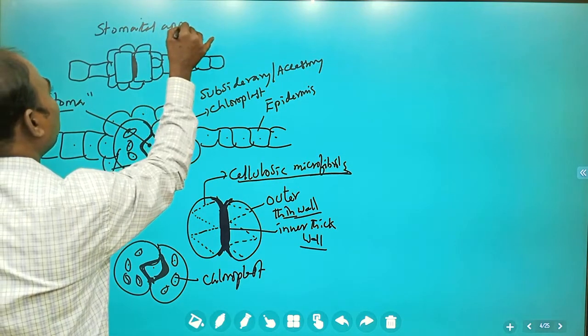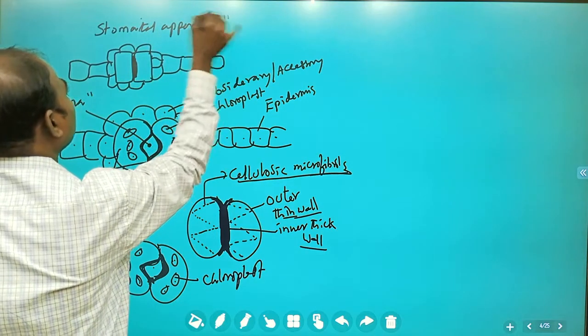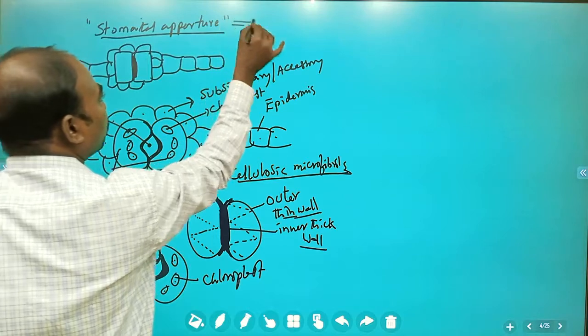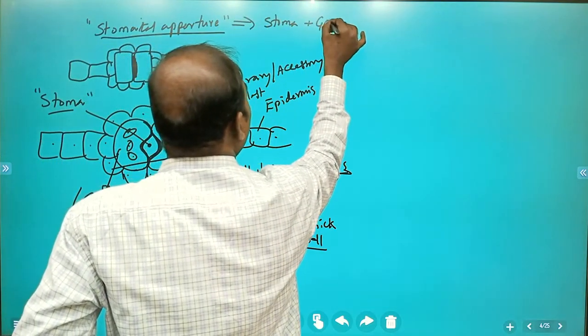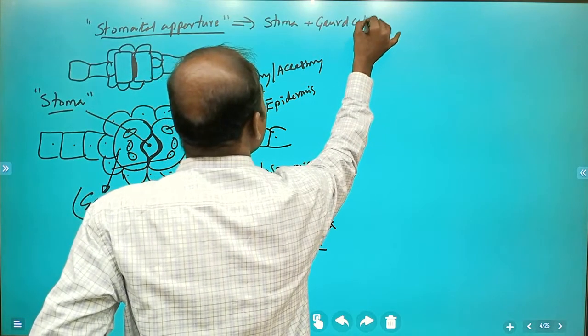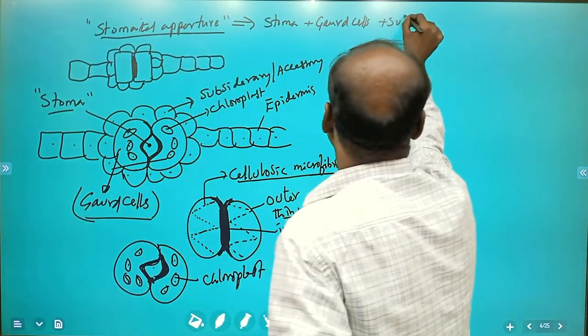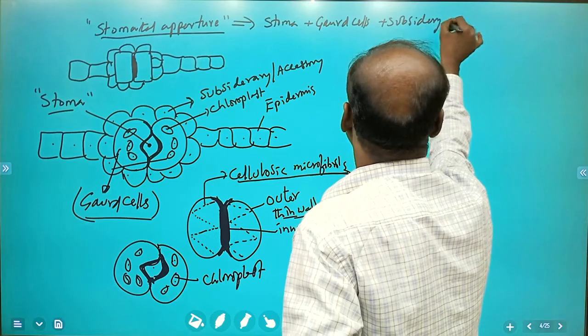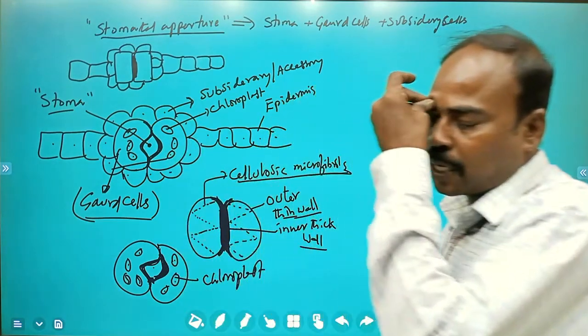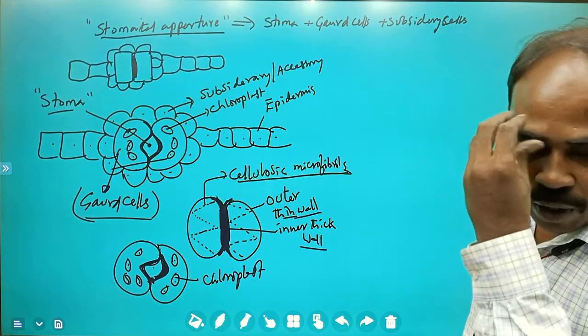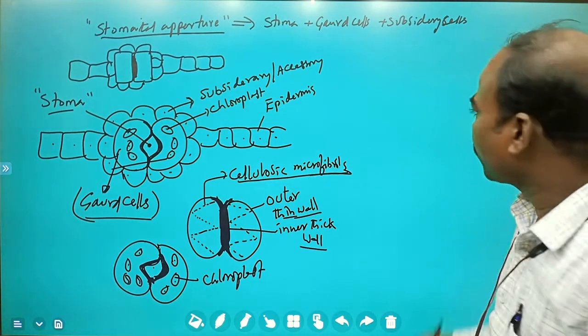Stomatal apparatus means stoma plus guard cells plus subsidiary cells. Right? So that is the structure of the stoma, the structure of guard cells in dicot plants.